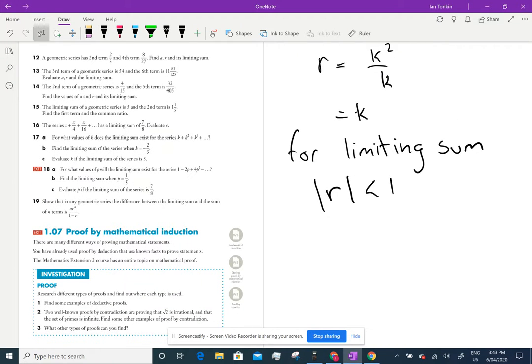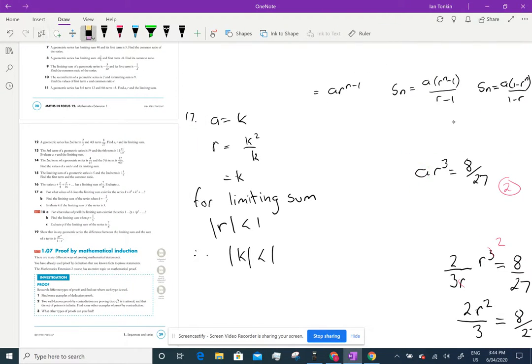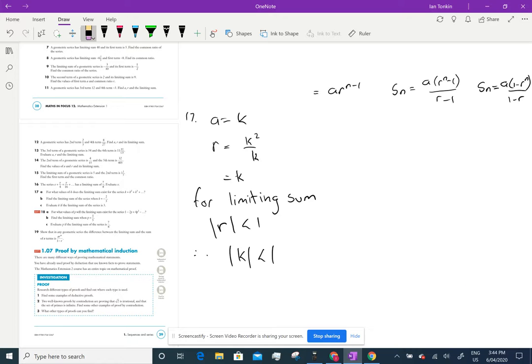And r equals k, therefore, the absolute value of k must be less than 1. Find the limiting sum when k equals negative 2/3. Well, we already know that'll be a limiting sum. So that's part 1. Part 2, or A and B.